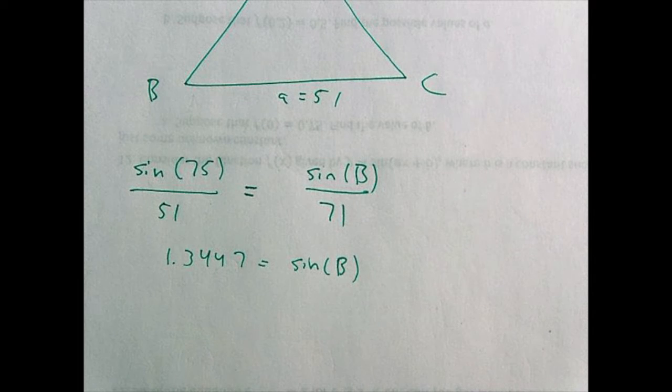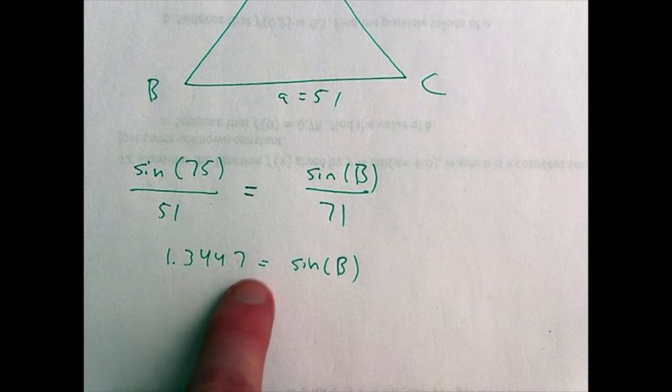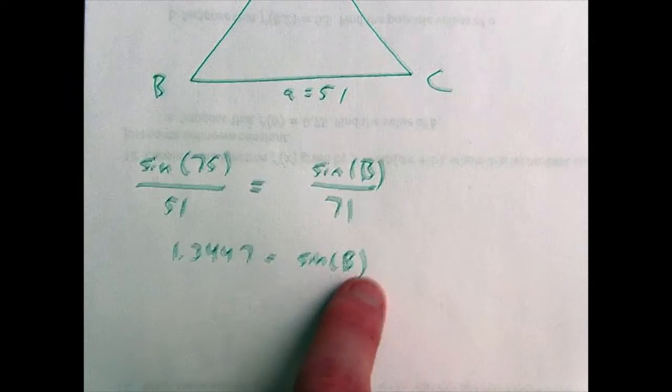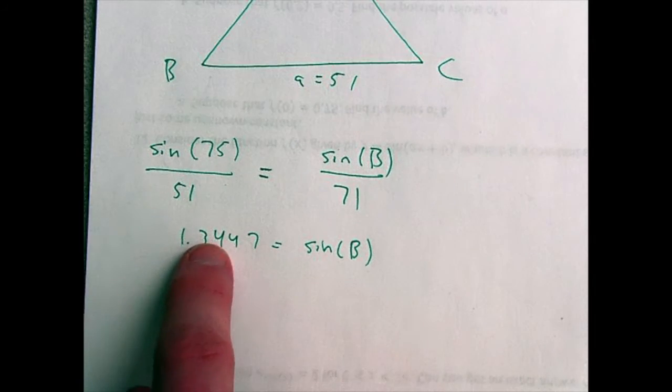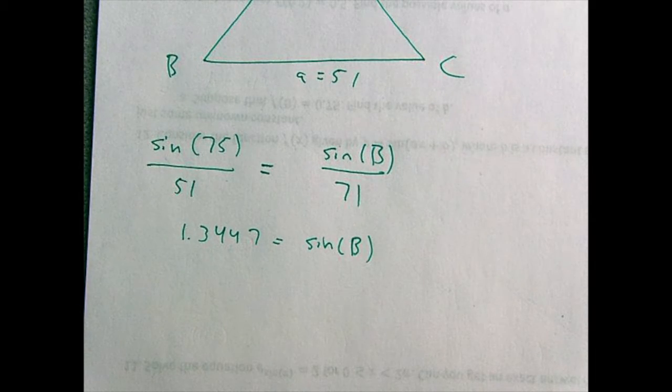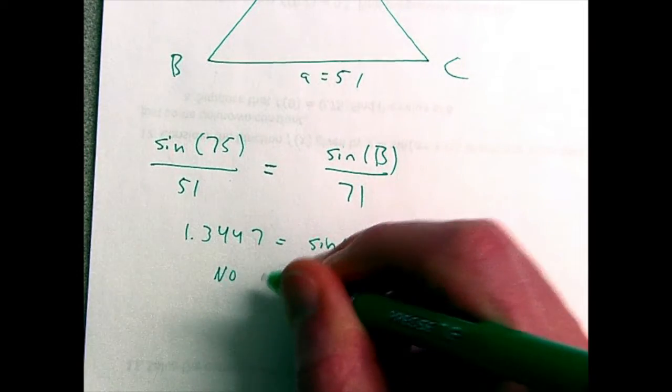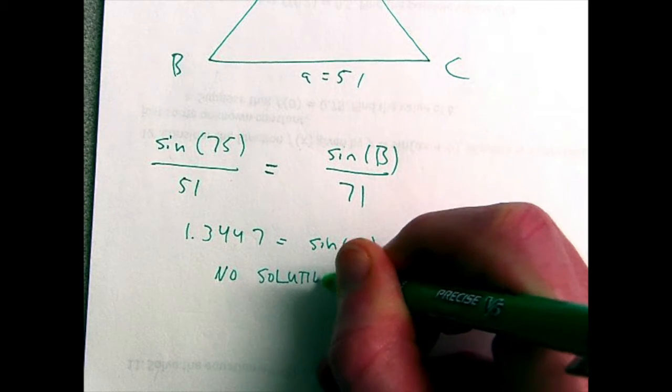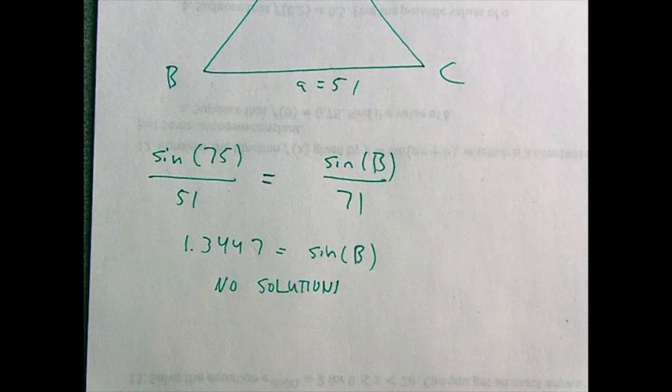right? That's a trig equation. And, if you remember, in the unit we just finished, if you have an equation like this, sine of B equals a number bigger than 1, which means there are no solutions, right? The sine of an angle can never be larger than 1, nor can it be smaller than -1.